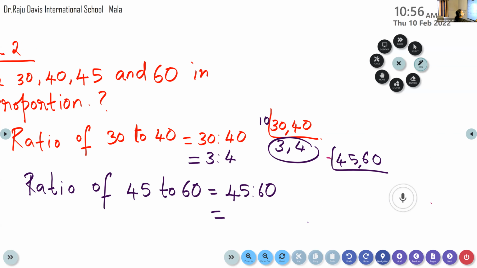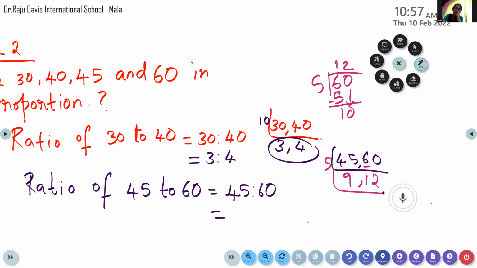Can you tell me 45 divided by 5? 9. Very good. Then 60 divided by 5: 6 is greater than 5, so 1 time 5 is 5, remainder 1, bring down 0. 10 divided by 5 is 2. What is the answer? 12.